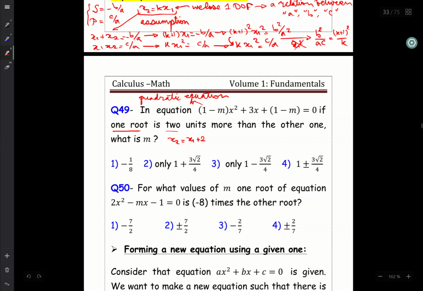And since we are establishing a relation between x1 and x2, we lose 1 degree of freedom on the coefficients. But the coefficients only had one unknown, right? One unknown, which is m. And if we lose this freedom, which means m has to be determined.